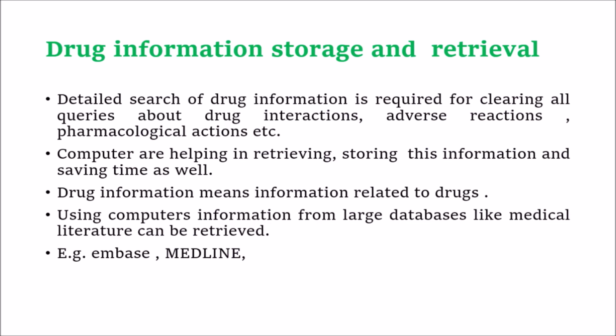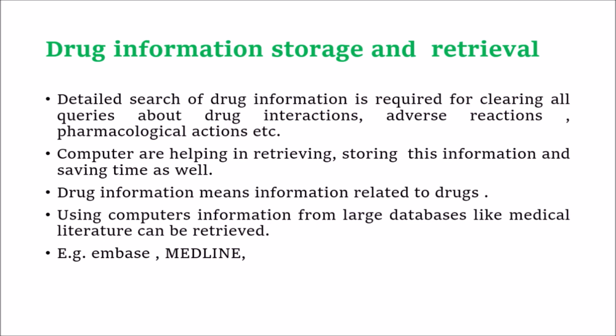A few examples of drug databases are Embase. This is one database where you will find various journal papers, the literature, the abstract, and the complete paper. There is also Medline, one more database, from which you can access the medical literature.